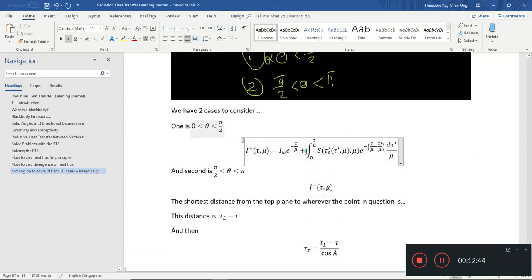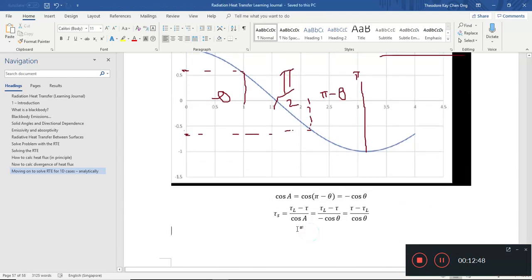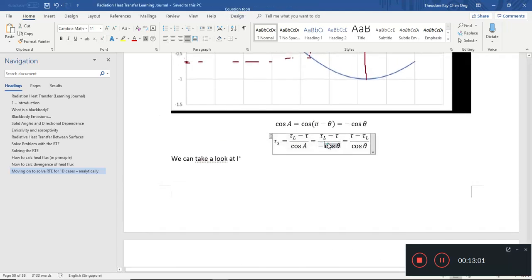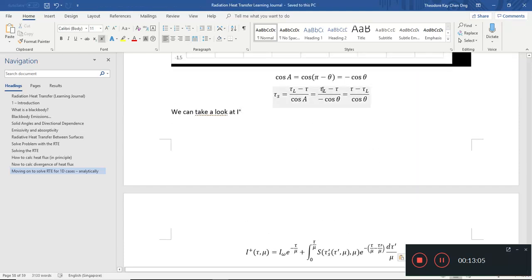Okay, if we want to take a look at I plus, this is the formula. So cosine theta is still mu. Wherever we find tau, we just replace it by tau minus tau L.